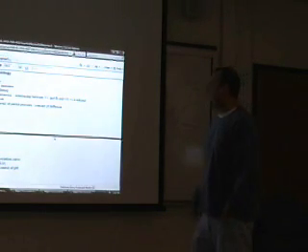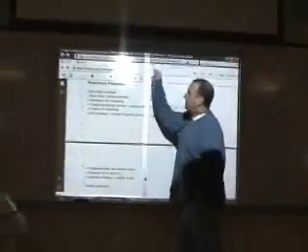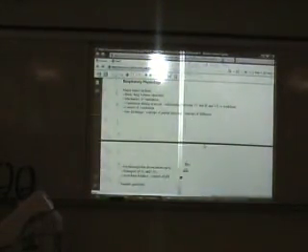Let's talk about the oxyhemoglobin dissociation curve. For that I want to take a look at the graph. I'm going to turn on this light for a second.